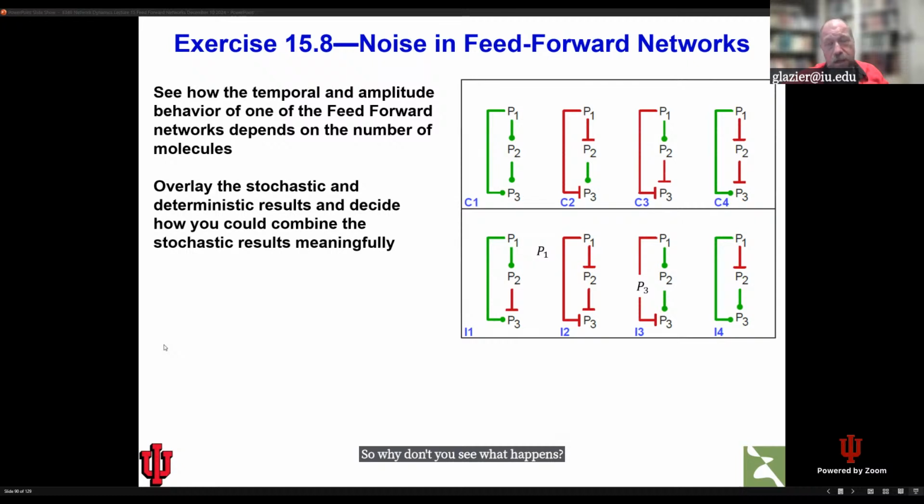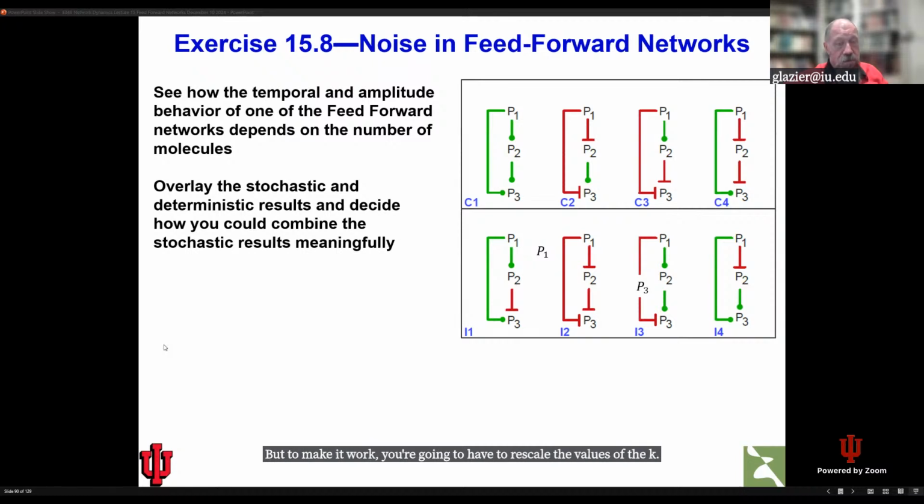Maybe it's better to go back to the I1 case and solve it using Gillespie instead of simulate. But to make it work, you're going to have to rescale the values of the k.